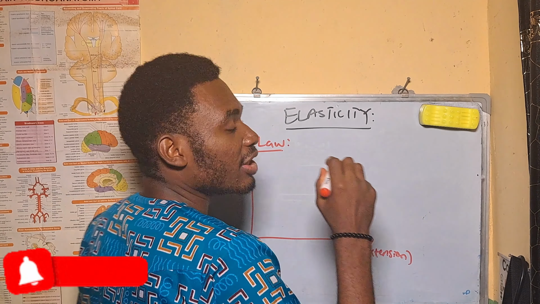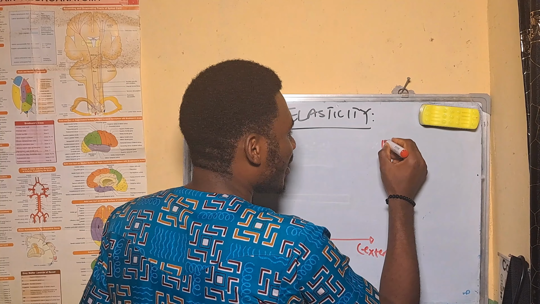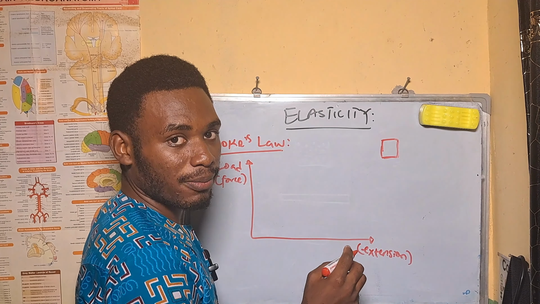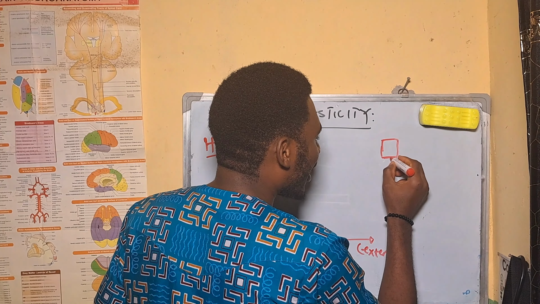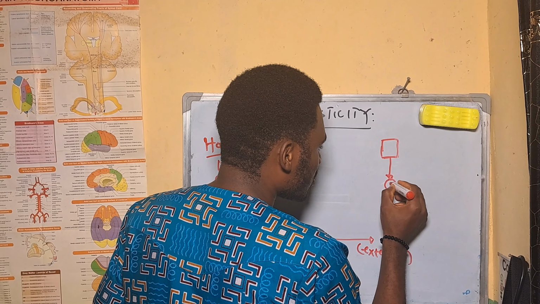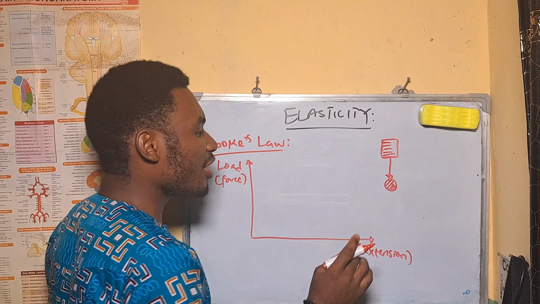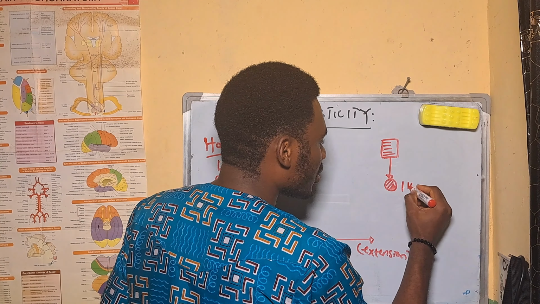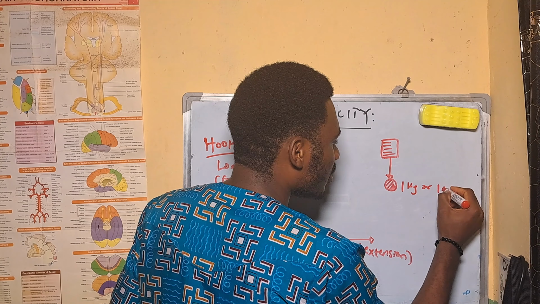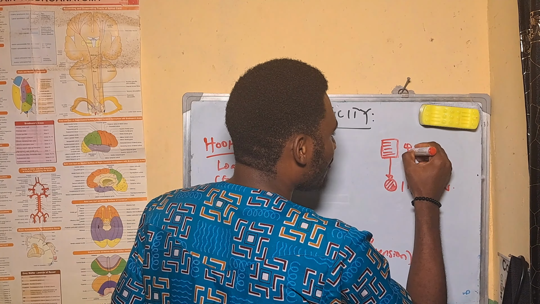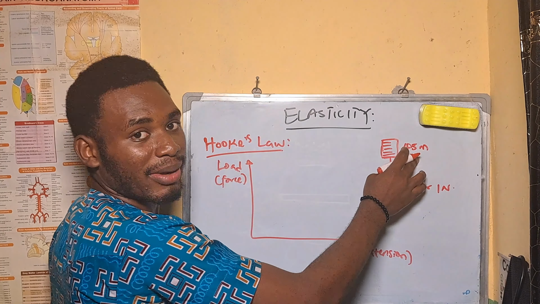In his law, what he was trying to explain is that if this was an elastic material and you apply a force, say the force is 1 kg or 1 Newton, and initially here we have 45 meter of elastic material.